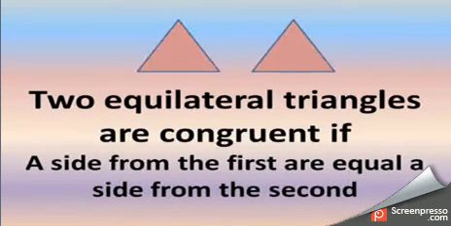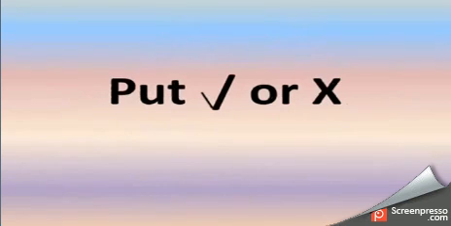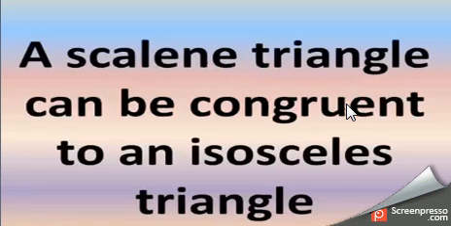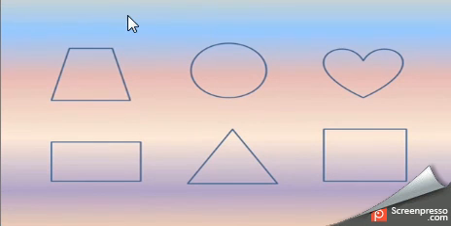Attention with me. Now we will take an example. True or false: a scalene triangle can be congruent to an isosceles triangle. This is false. Scalene can't be congruent to an isosceles triangle. Finally, he wants me to divide all of these shapes by a line into congruent shapes.